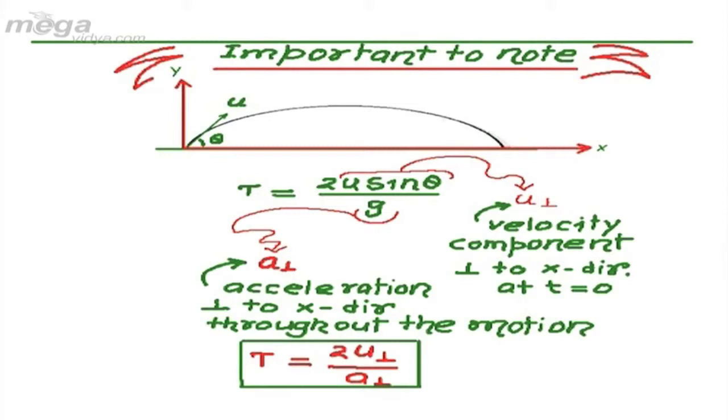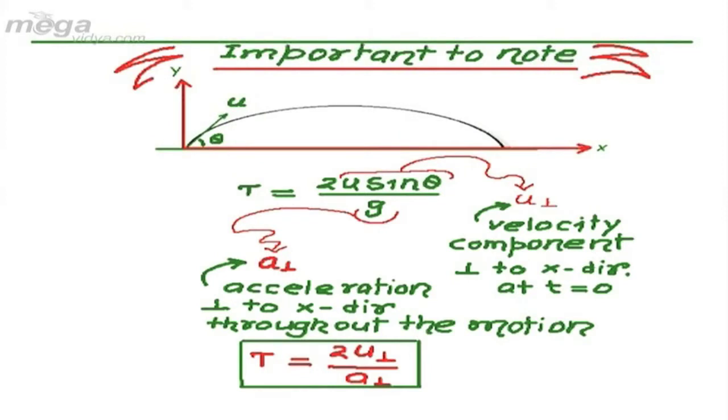The result which I will utilize here is that the time of flight for a projectile thrown on ground is 2u sine theta divided by g. Here, if we notice, u sine theta is the velocity component perpendicular to the x direction at t equal to 0, and g is the acceleration perpendicular to the x direction throughout the motion.